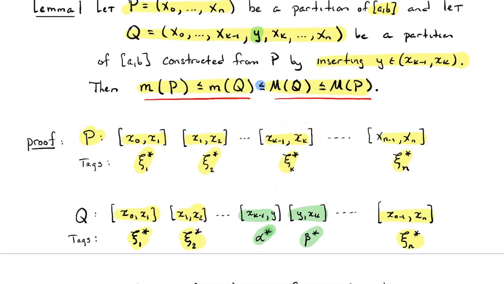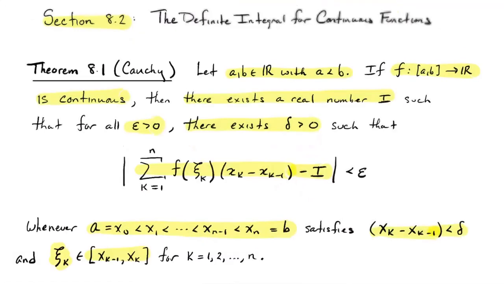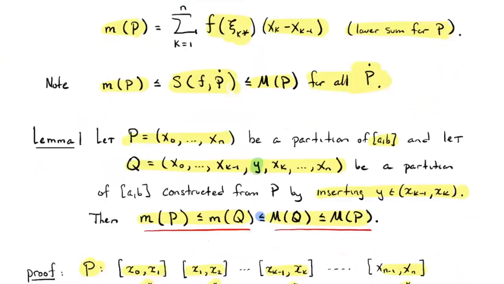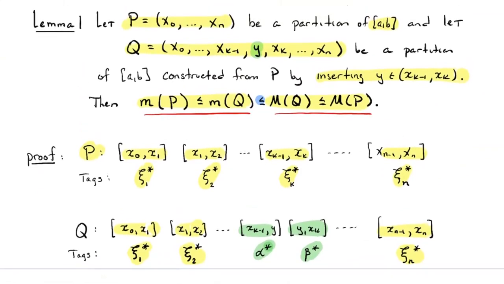I didn't write it here, but be sure you stop the video and make sure that you're following what my idea is here. I'm choosing this alpha upper star so that f of it is the largest output in the interval from x_{k-1} to y.